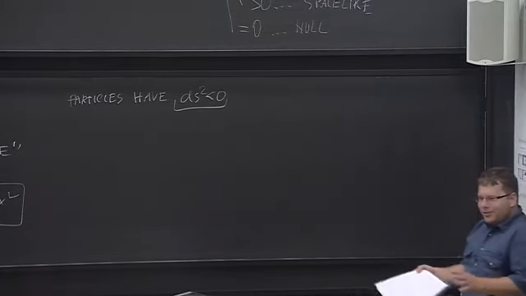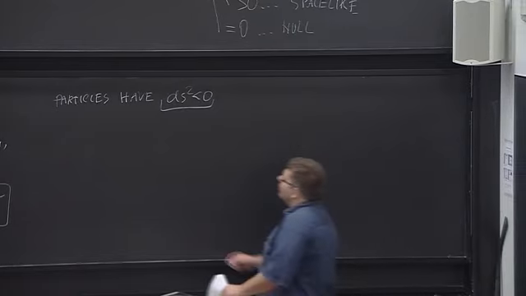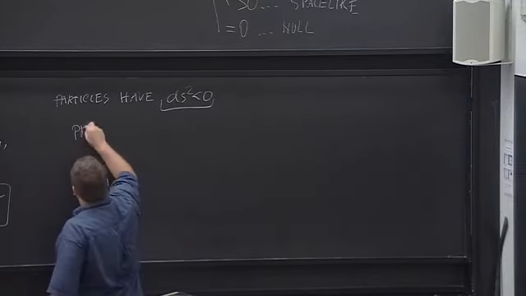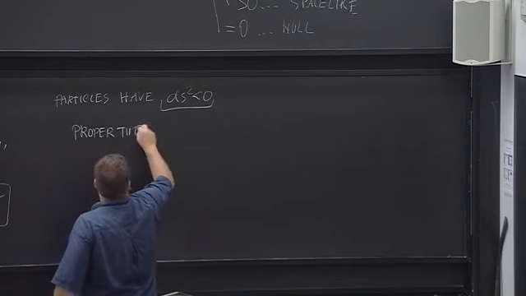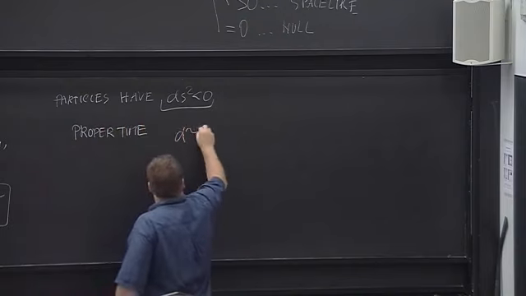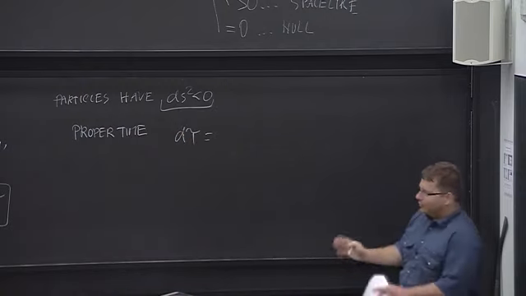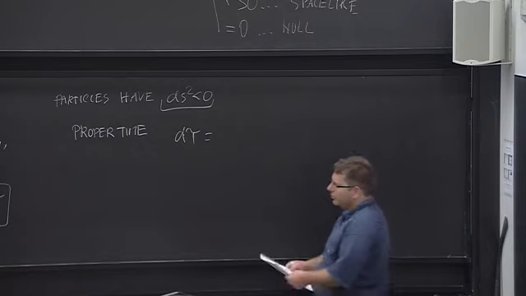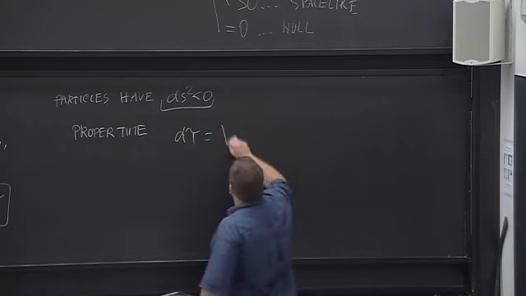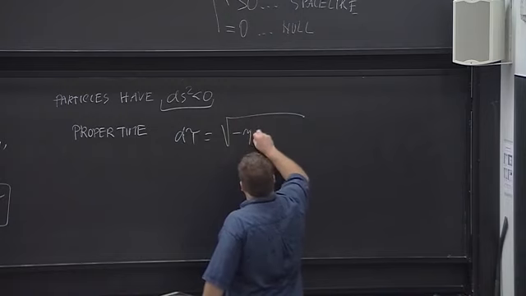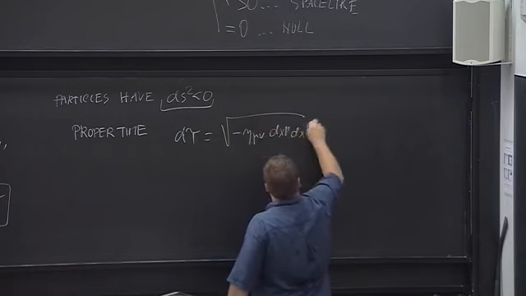So now what you can do is that you can introduce a proper time of the particle. And so the proper time d tau. So now I take a minus thing to make it positive, and I take a square root so that this has dimensions of length. Okay, so you just define this to be minus eta mu nu dx mu dx nu.